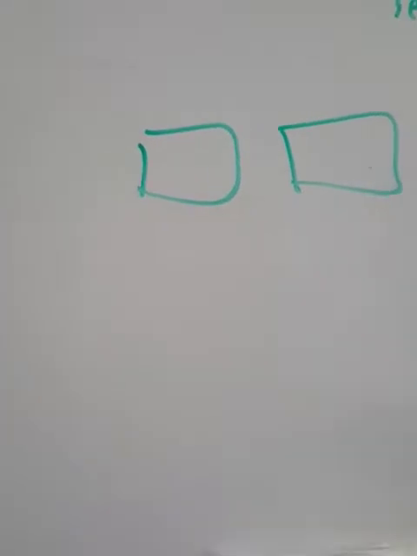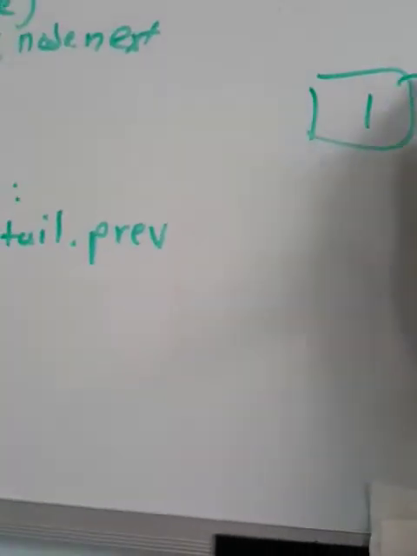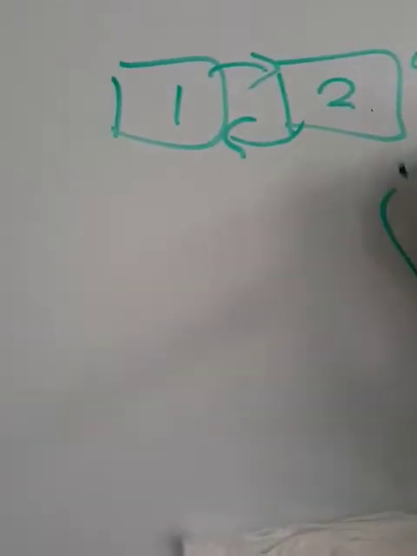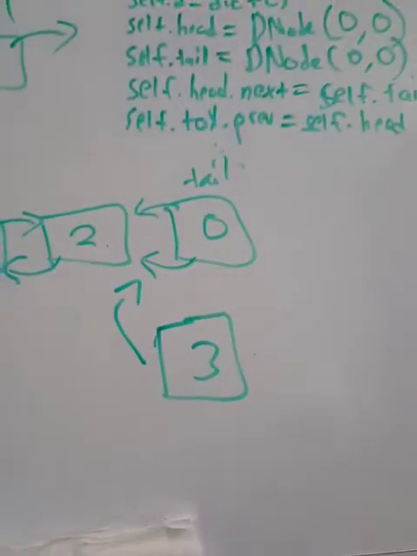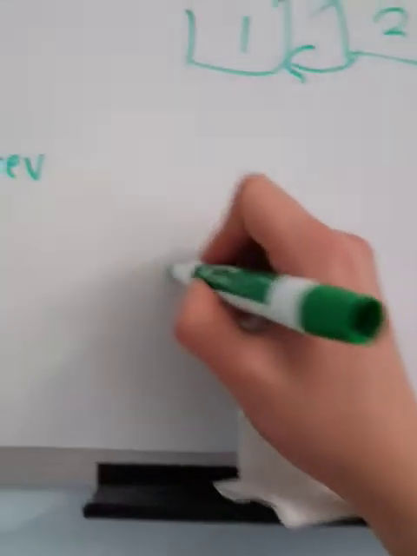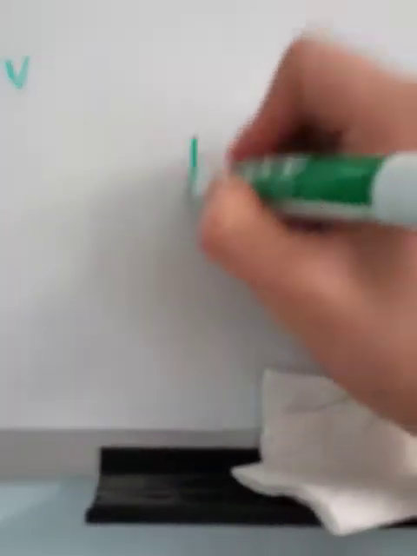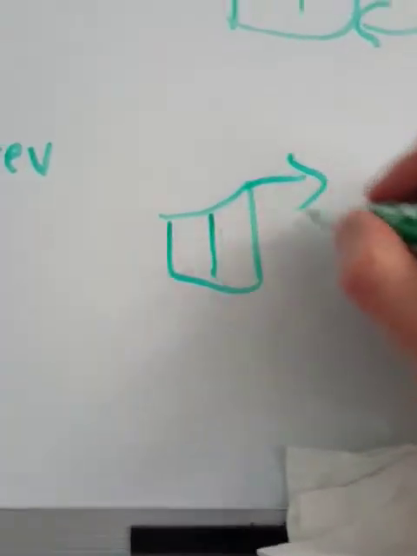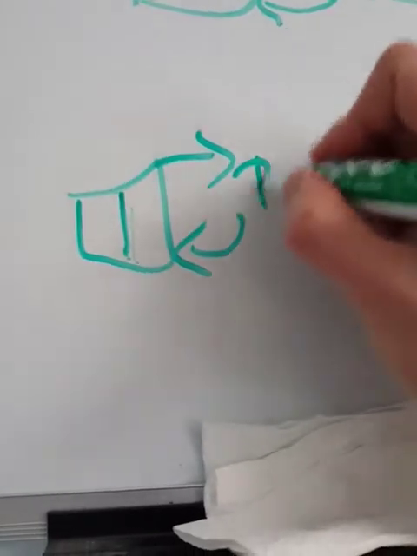This is the tail, which is 0, and then this is 1 and 2. Okay, and then we're adding 3 into here, which means we need to update the pointers to look like this: 1, 2.